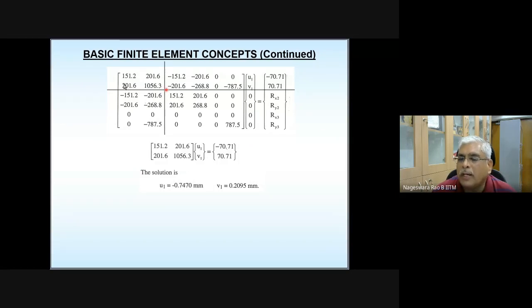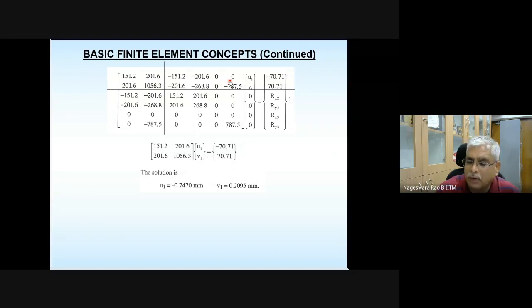Or if you get the global equation system, you remove all the rows 3 to 6, all the columns 3 to 6, whatever is left out, that is going to be a reduced equation system. So you really don't need to assemble this. If these displacements are 0, you don't really need to do this assembly.